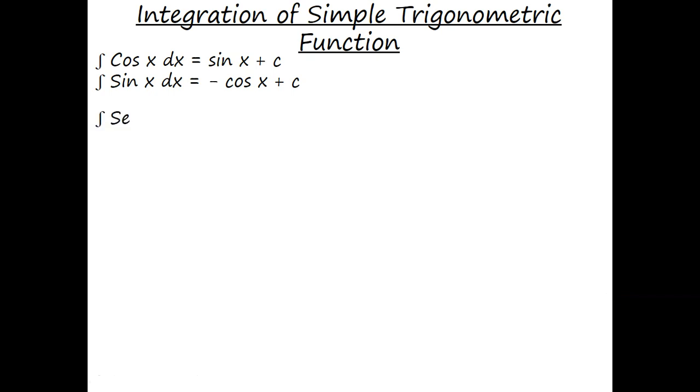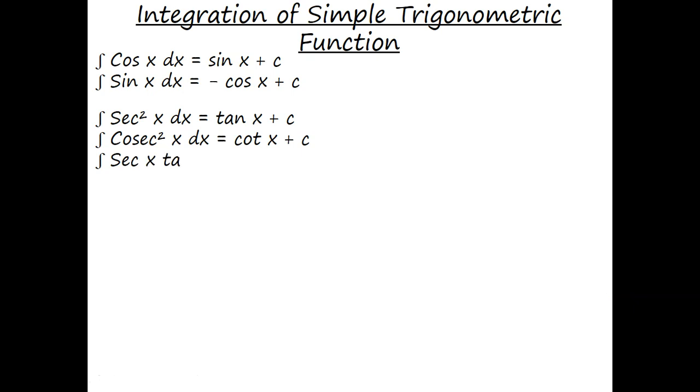They are constant. Whenever you integrate sec square x dx, it ought to give you tan x plus c and nothing else. Whenever you integrate cosec square x dx, it ought to give you negative cot x plus c and nothing else.